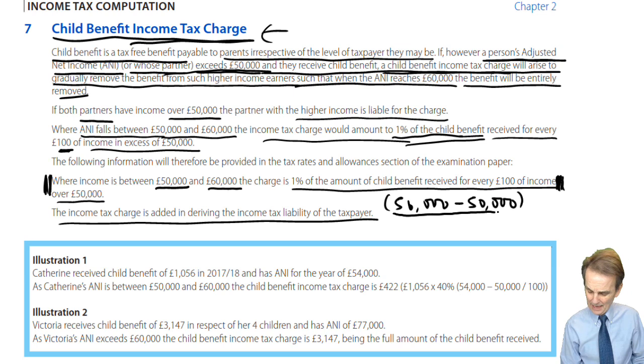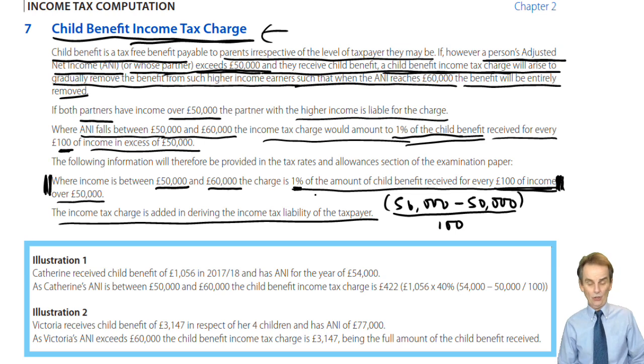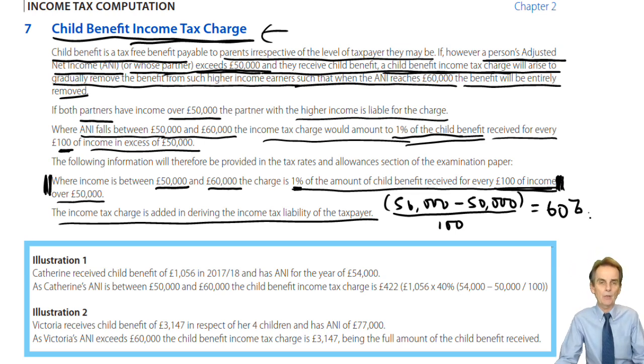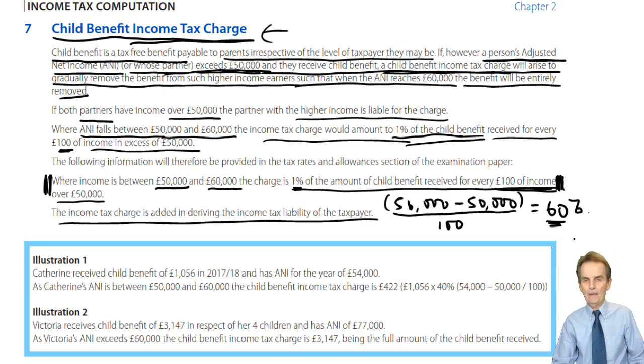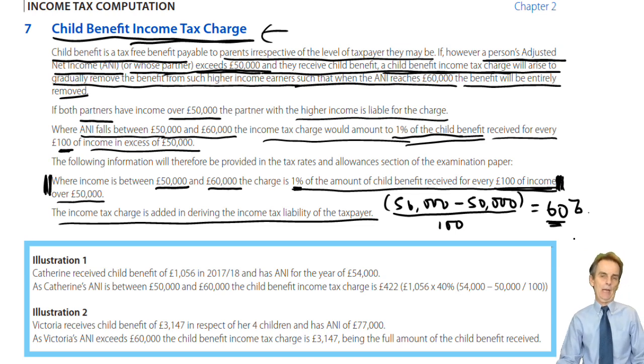And we divide that excess by 100, because for every £100 of income over 50,000, we have a 1% charge. So 6,000 divided by 100 equals 60%. So your child benefit income tax charge will be the child benefit received, given within the question, multiplied by 60%. And that figure of tax will be added in to your normal basic rate, higher rate, additional rate if necessary, in deriving the income tax liability.